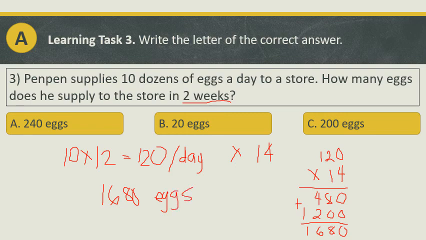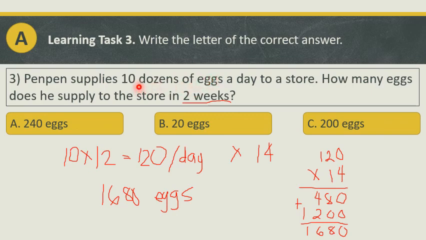Okay, so napapansin nyo dito sa ating problem, wala na naman yung tamang sagot. Dapat kasi ang tinanong po dito ay, how many dozens of eggs does he supply? Kung dozens na ito, ibig sabihin, hindi na natin kailangan i-convert ang 10 dozens into eggs. Okay?